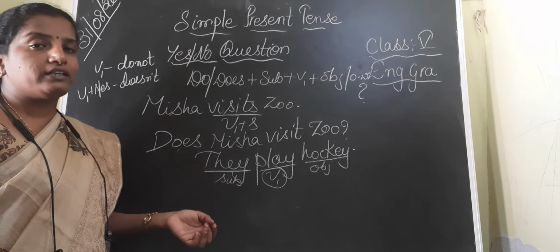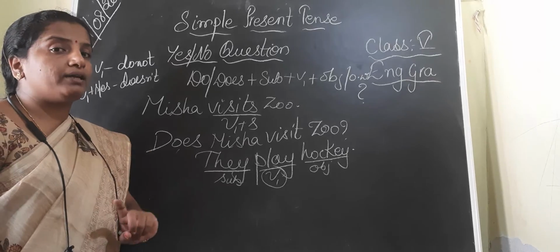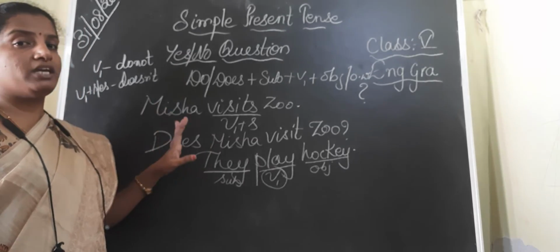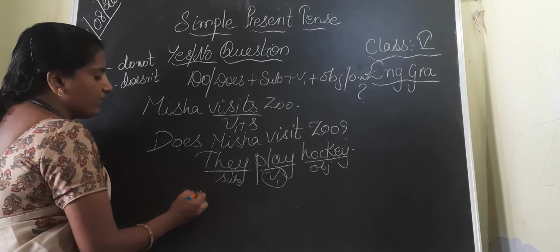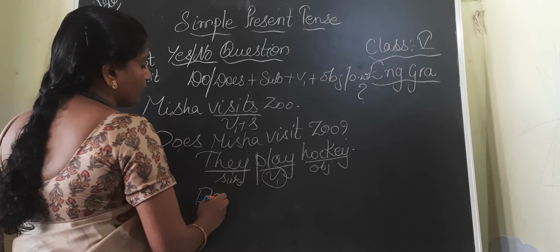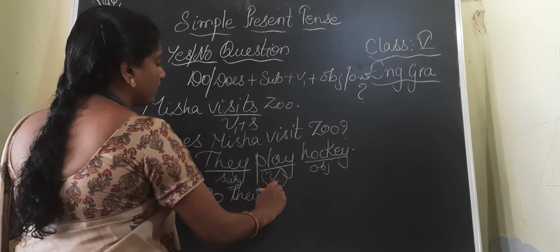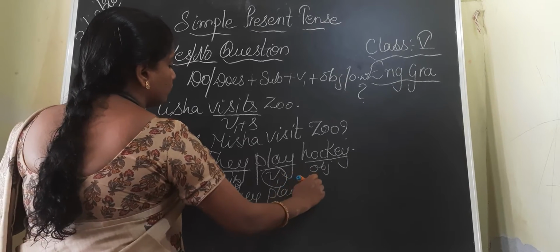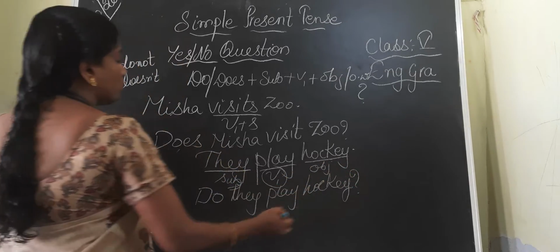Before writing the question form or the negative form, one thing is common: identify the subject and the verb. Here there is V1 in the sentence, so start your question with do. Do they play hockey? And at the end you have to keep the question mark.